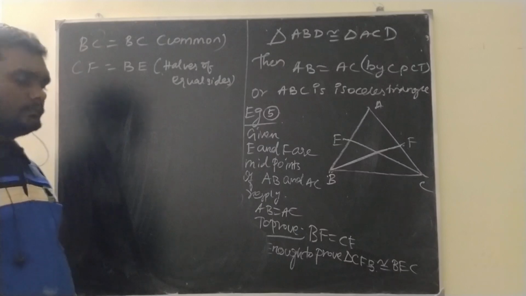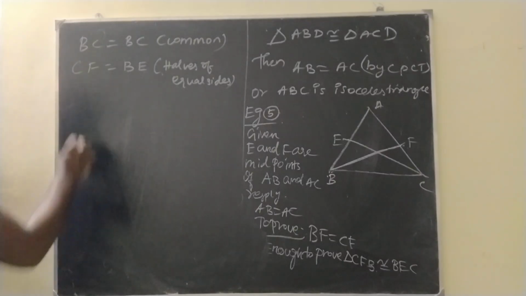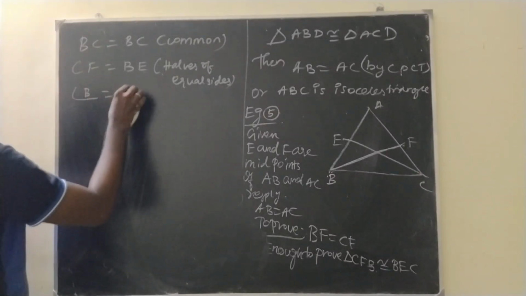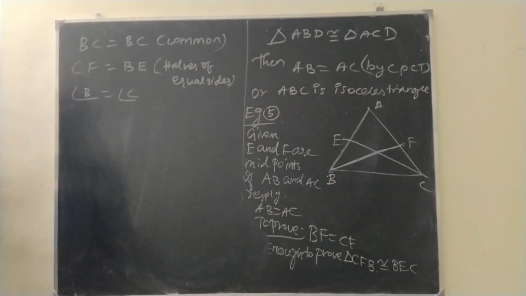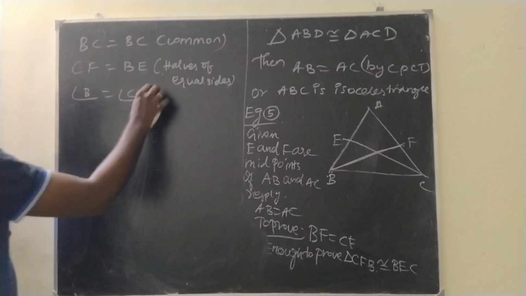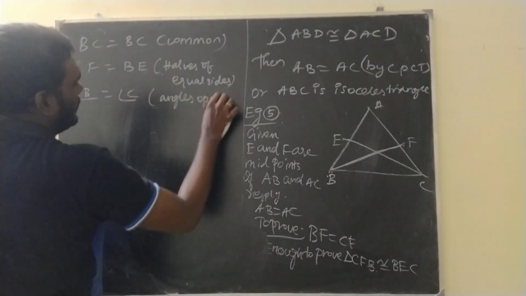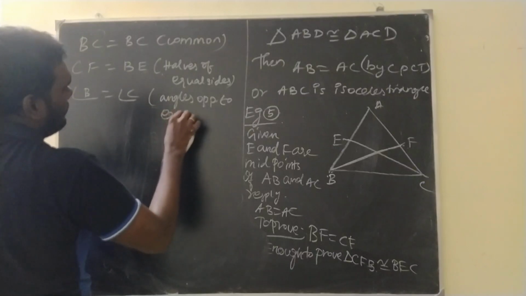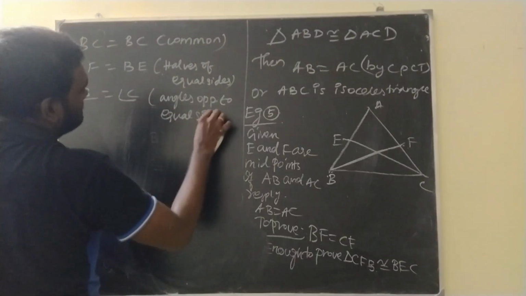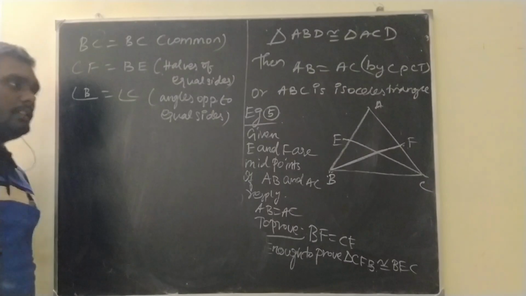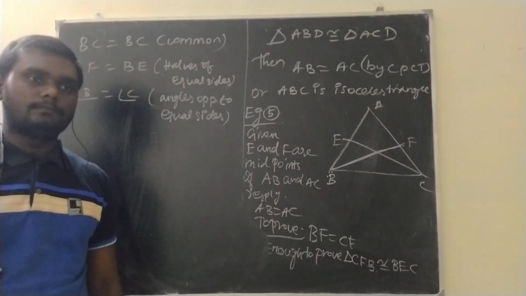The angle B equals angle C. Why? Because these are angles opposite to equal sides. In the question itself they gave AB equals AC.